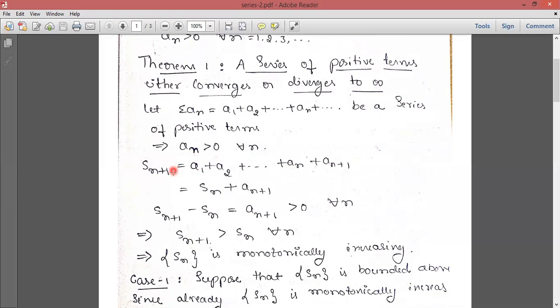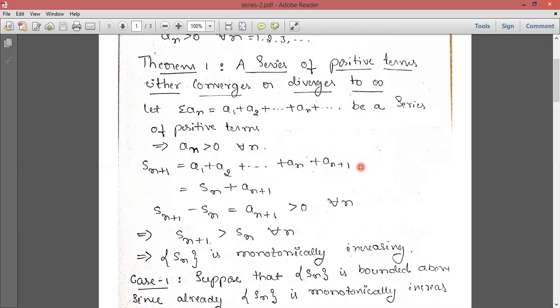Now I am taking n plus 1th partial sum of this series, which is given by Sn plus 1 is equal to a1 plus a2 plus etc plus an plus 1. See, in the RHS, sum of first n terms is nothing but nth partial sum.